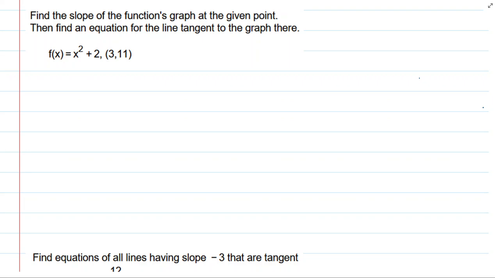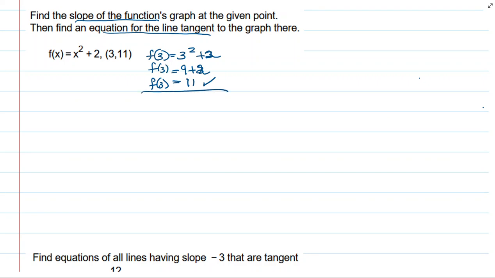All right. So we want to find the slope of the function at a given point, then the equation of the tangent line and graph. So we're going to check (3, 11). And we get, oh, that's a 2. I know you see it. We get 11. So we checked it out. So that one's good.